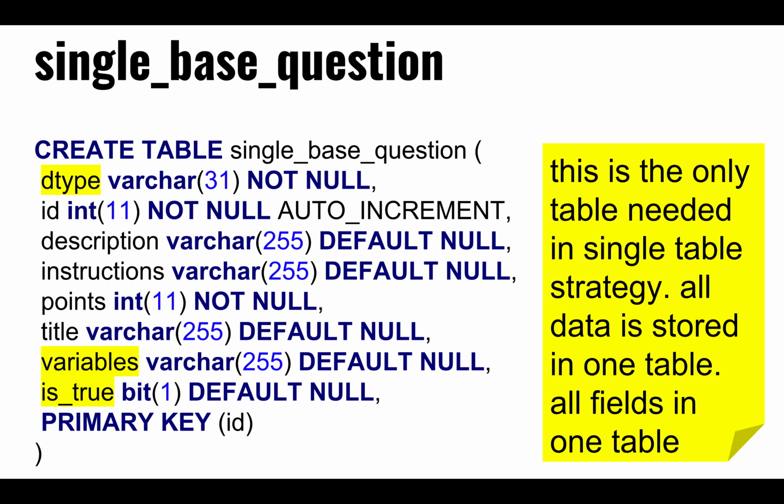What we do is that for all the other classes, fill in the blanks, true/false, all those fields, like is true and variables, instead of having dedicated tables for each one of those classes, we're going to collapse all those fields up to the parent, even if you have an inheritance chain that is 3, 4, 5, 6, 7 classes deep. They all get collapsed to the top of the parent.